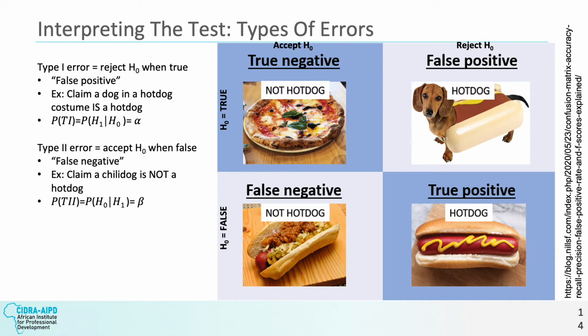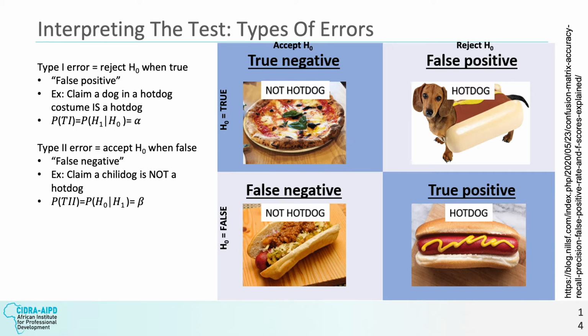Looking at the first image of the pizza, if we accept the null hypothesis because it is true and conclude that a pizza is not a hot dog, we would be correct. However, if we look at the picture of the dog in the hot dog costume and reject the null, thereby concluding that the dog is a hot dog, we would be incorrect.